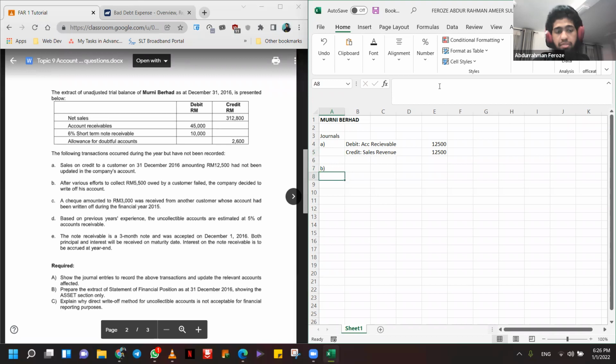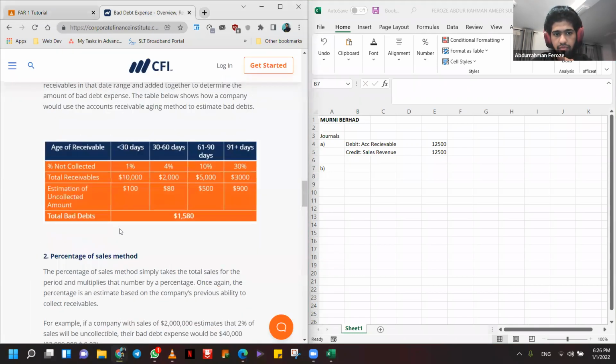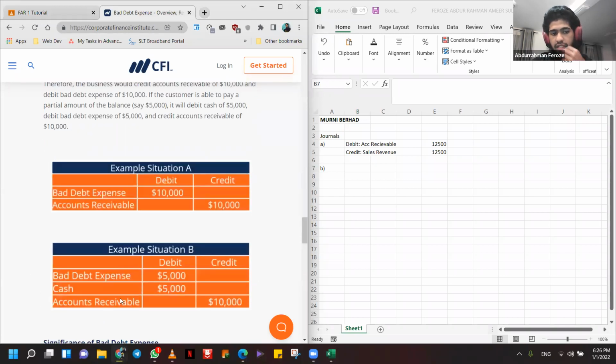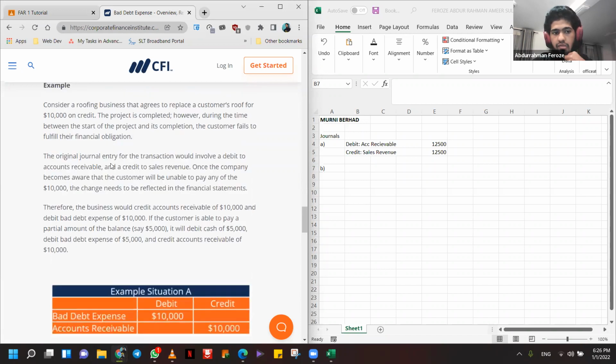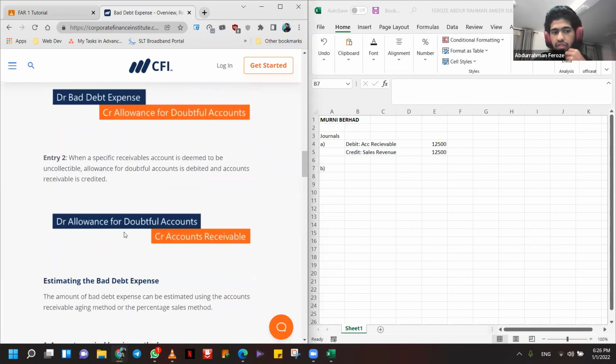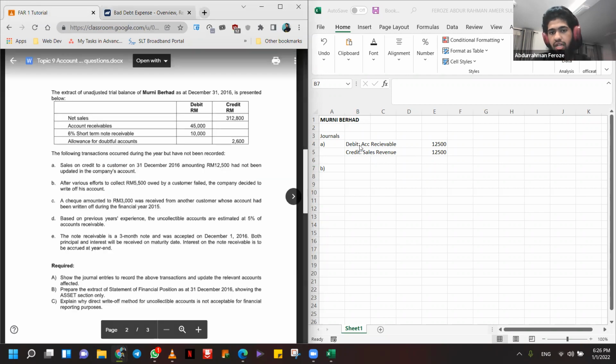Okay, then we have part B. After various efforts to collect 5,500 owed by a customer failed, the company decided to write off his account. Now we need to assume that, like I said, the question will be done with the allowance method. When you're writing off, you debit the allowance for doubtful accounts and you credit accounts receivable, right?